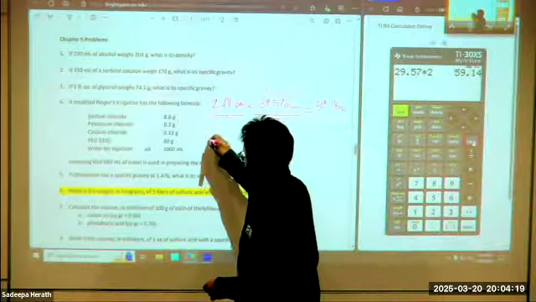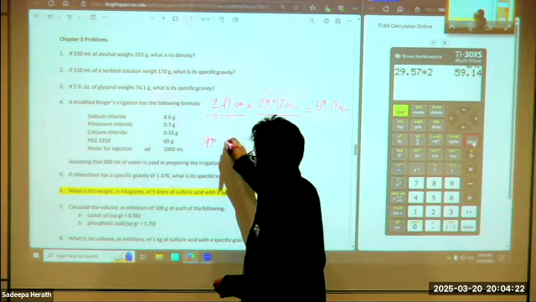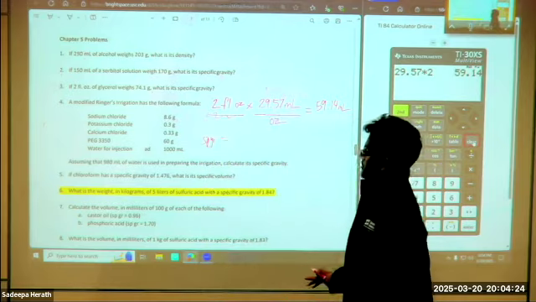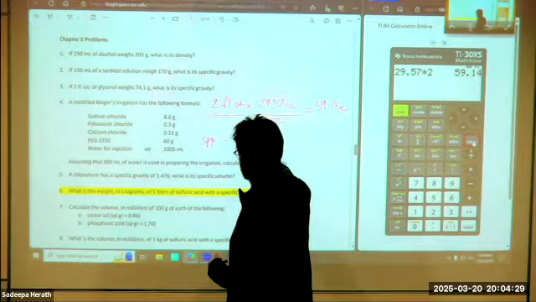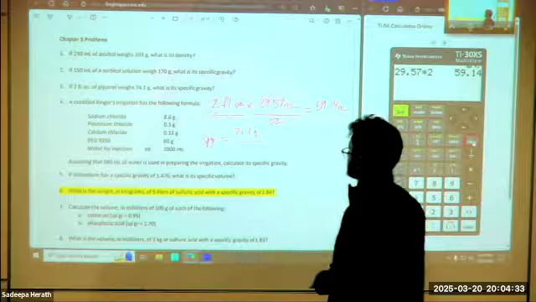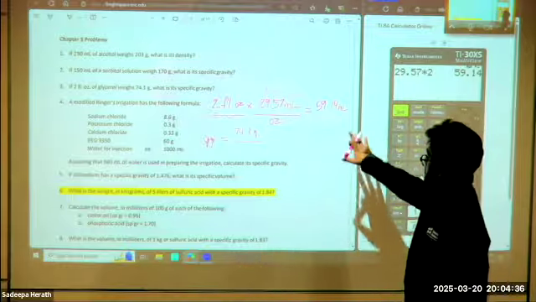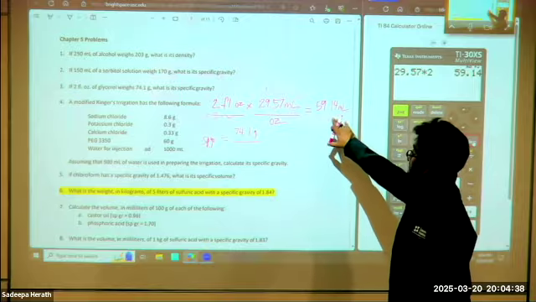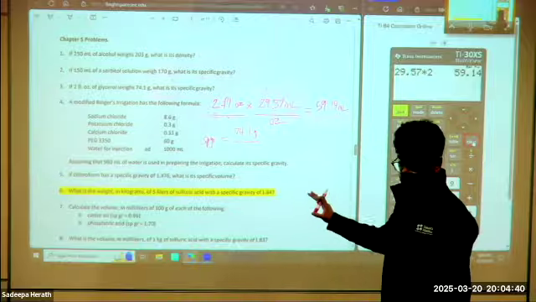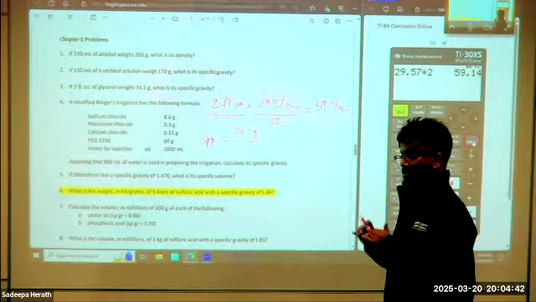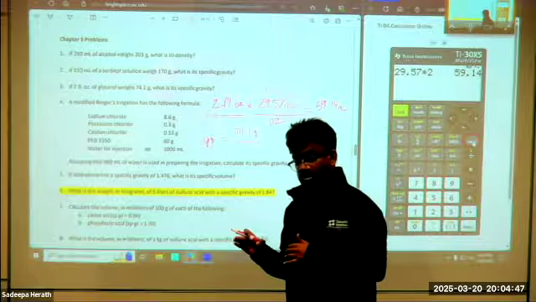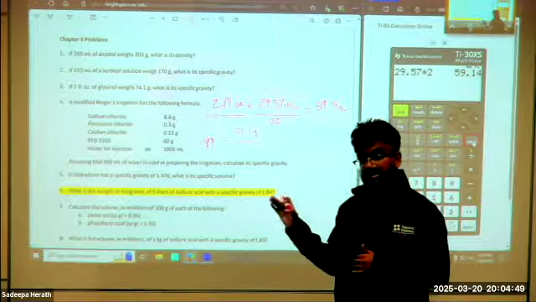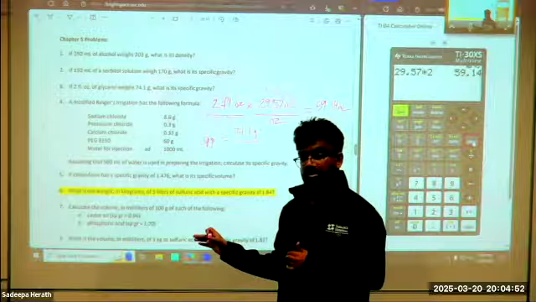So specific gravity, let's just put SPGR. That's just shortened. So the mass of our first substance, 74.1 grams, over, our volume of glycerol is 59.14 milliliters. If we're converting it to the mass of water, we have to multiply it by its density, right?